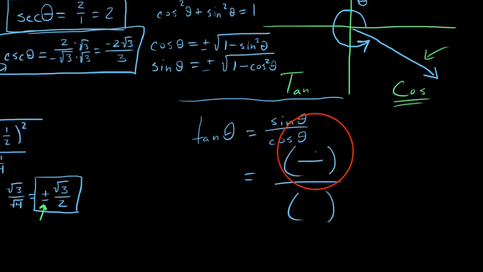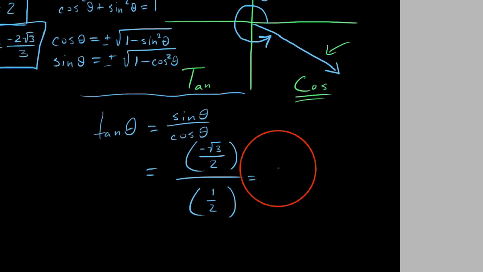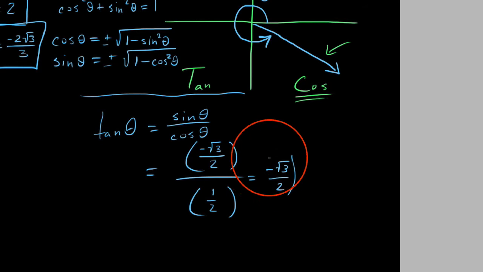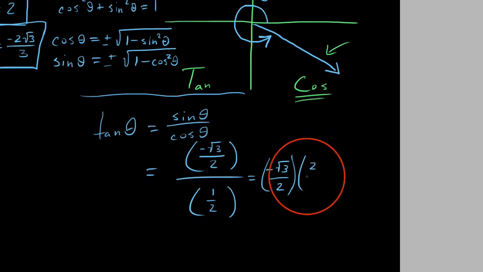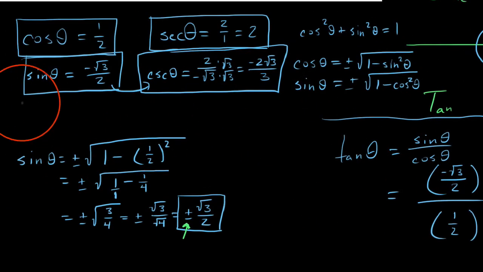We found sine was negative radical 3 over 2, and we know the cosine is positive 1/2. When you divide with fractions, we instead multiply by the reciprocal. So we take that top negative radical 3 over 2 and multiply by 2 over 1. The 2's cancel out and we're left with negative radical 3. So tangent is negative radical 3.